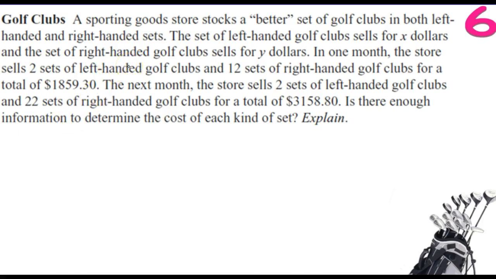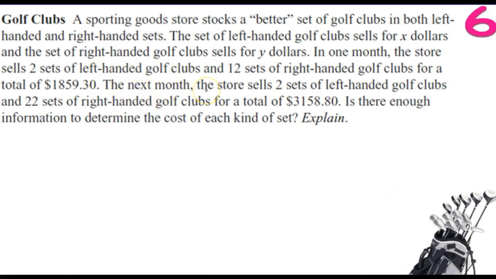Alright, this problem says a sporting goods store stocks a better set of golf clubs in both left-handed and right-handed sets. The set of left-handed golf clubs sells for X dollars, and the set of right-handed clubs sells for Y dollars. In 1 month, the store sells 2 sets of left-handed golf clubs and 12 sets of right-handed golf clubs for a total of $1,859.30.